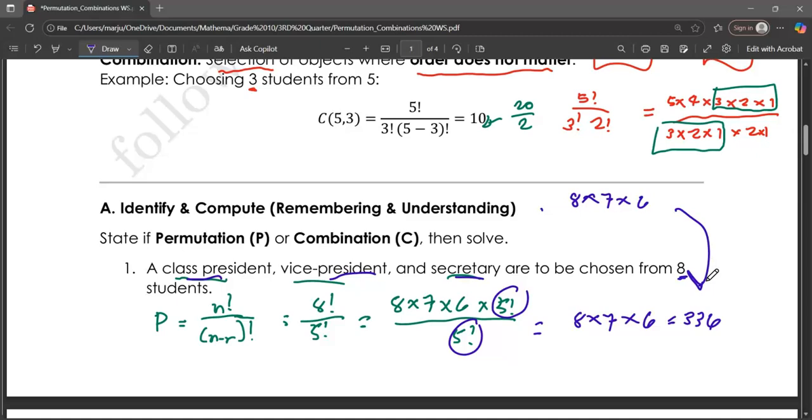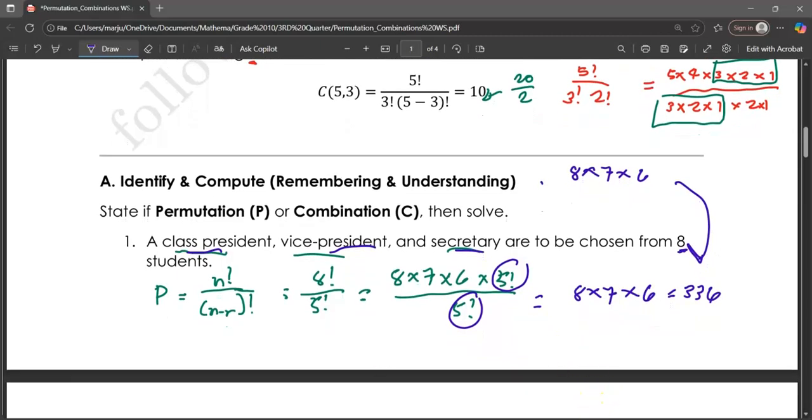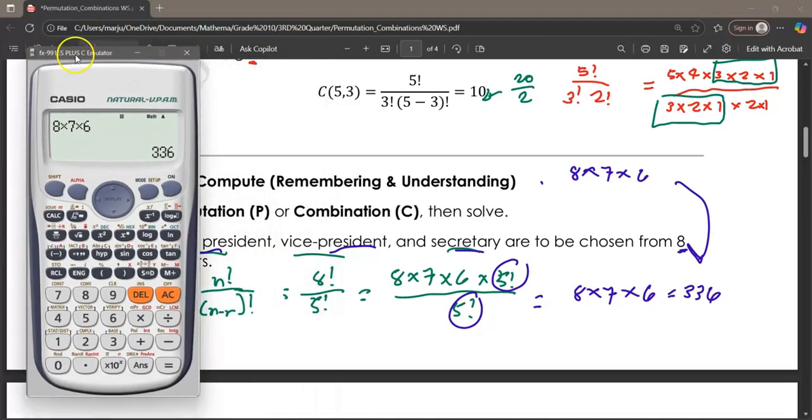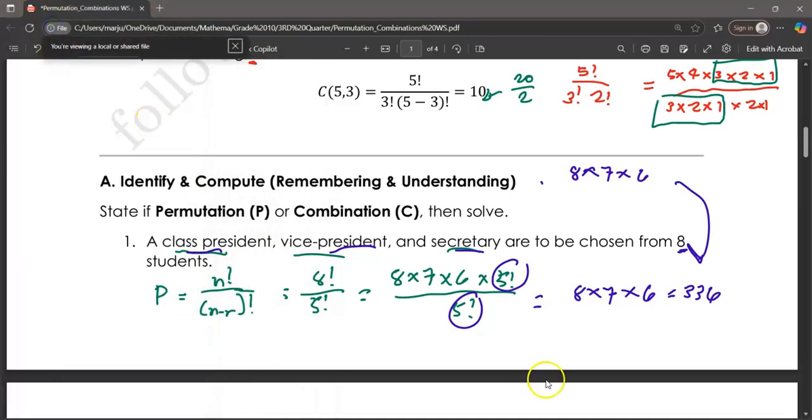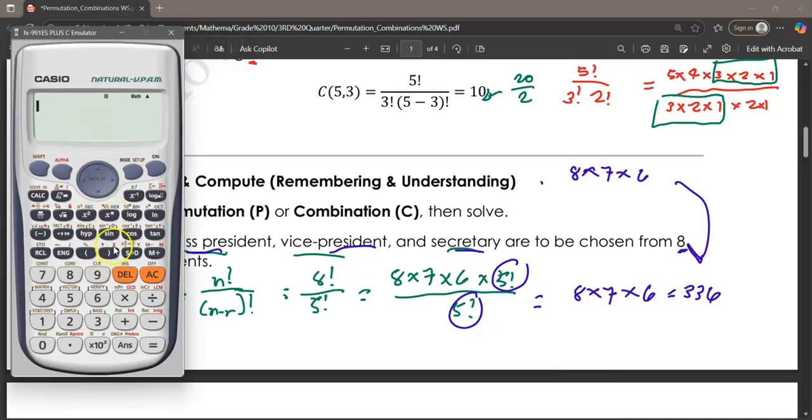All right. And to add, you can actually use your calculator to solve permutations and combinations. If you happen to see the nPr and the nCr, nPr is permutation, nCr is the combination.